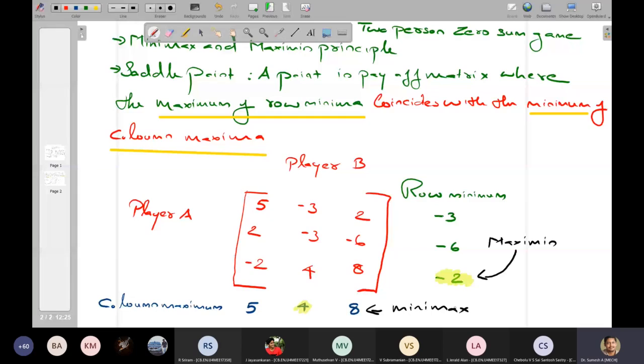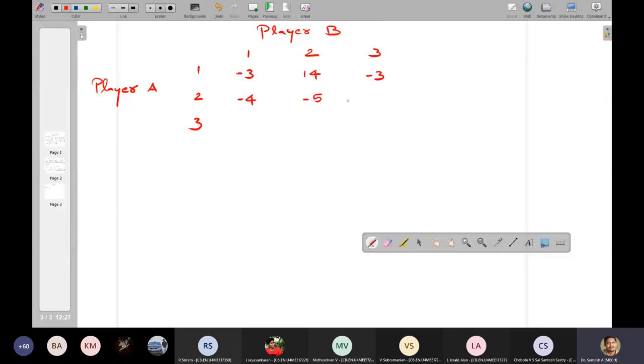The entries are -3, -4, -5, -4, -5, 16, and 70. The approach is not going to change. So select the minimum of each.